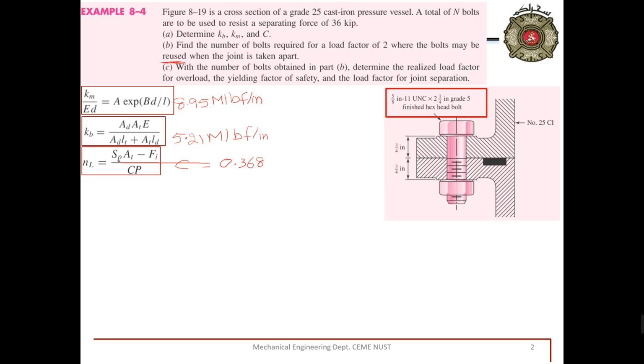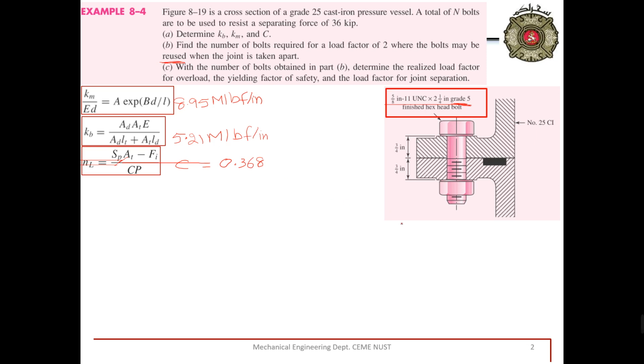What is Sp? Sp is the strength of the bolt, which can be checked according to a grade 5 bolt. There are 3 tables: 8-9, 10 and 11. For a grade 5 bolt, just go to table 8-9. There you can see for grade 5, Sp is given as 85 kpsi.